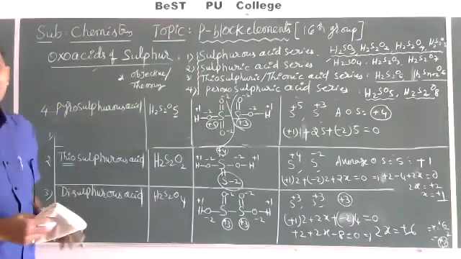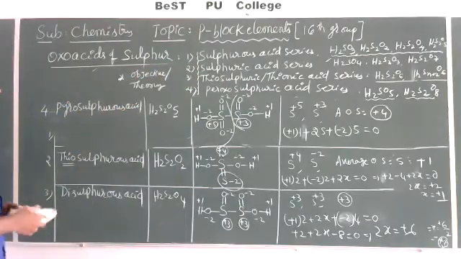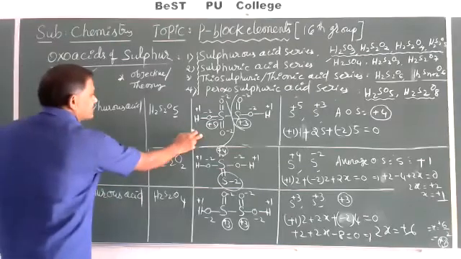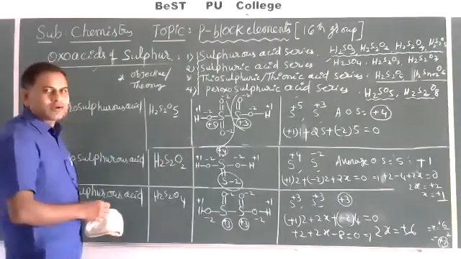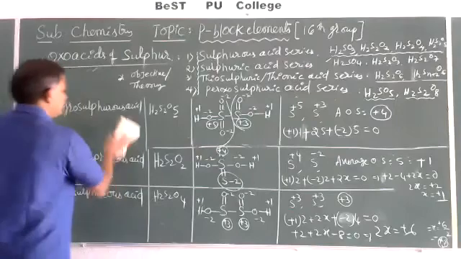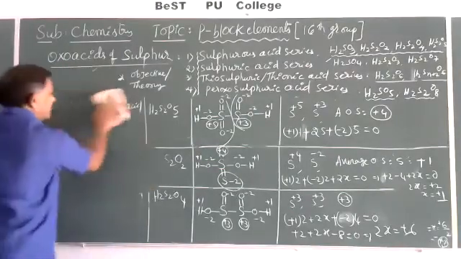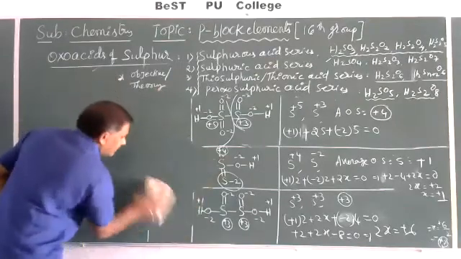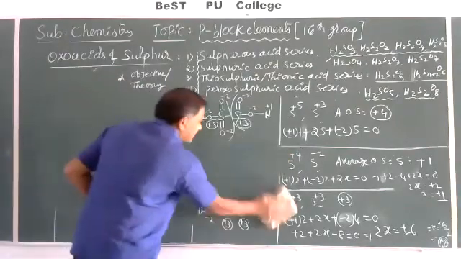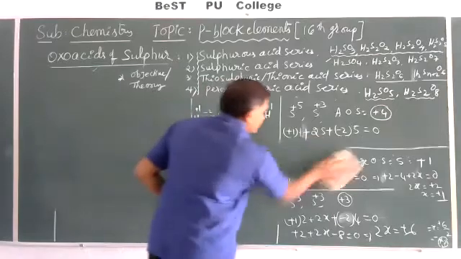Very, very important. Please note down. Structures are very, very important on the basis of Lewis dot structures. Next one is, next important table is the sulfuric acid series.